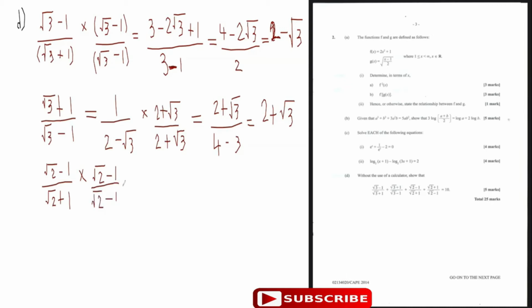I multiply by it, and it becomes root 2 times root 2 is 2, minus 2 root 2, plus 1. That's what I get when I work out the numerator. Then in the denominator, I get the difference of two squares, which is just 2 minus 1. And so all of this works out to just be 3 minus 2 root 2.